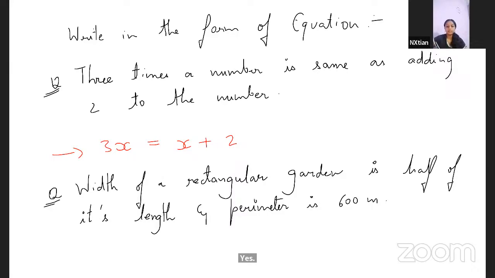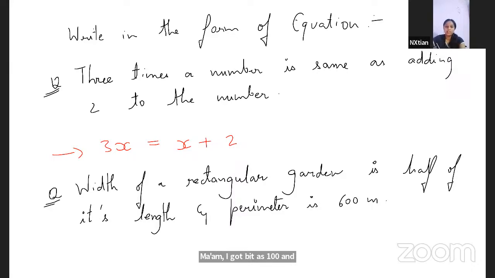Ma'am, I got the width of the garden as 150 meters and its length as 300. Anaya, your voice is breaking a lot for me. Ma'am, I got width as 100 and length as 200.